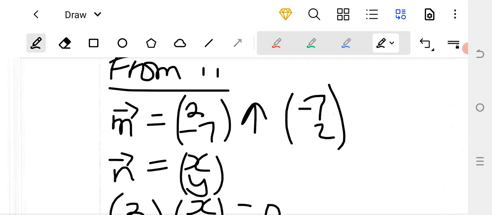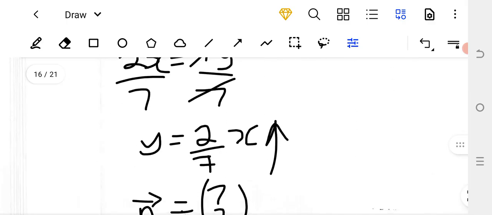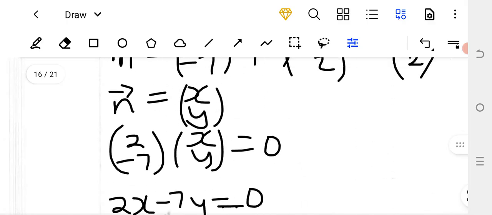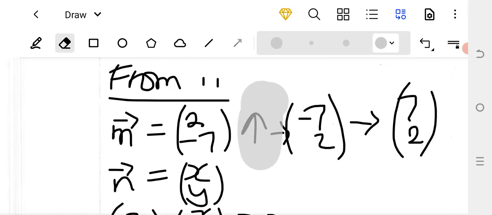But after it goes up, one of them, either the negative 7 or the 2, should change its sign. So usually the one that's negative changes its sign. So it became positive (7, 2) as our normal vector. And that's the answer we found here as (7, 2). Okay, I hope that is understood. It's a very clever way of seeing it.